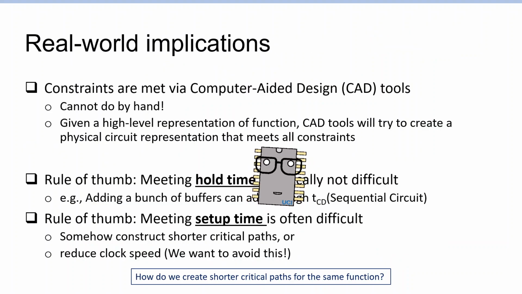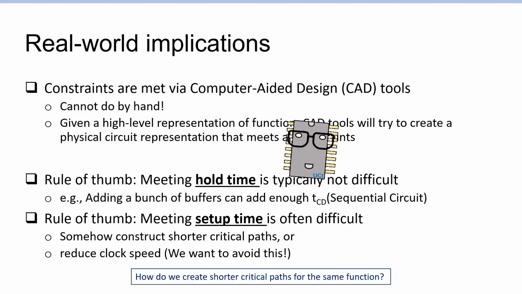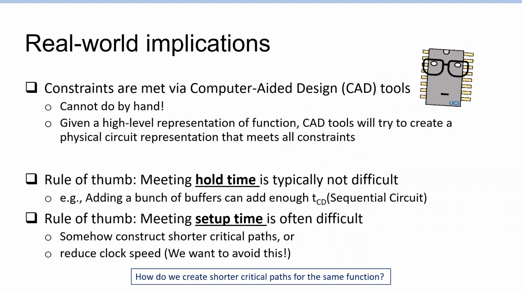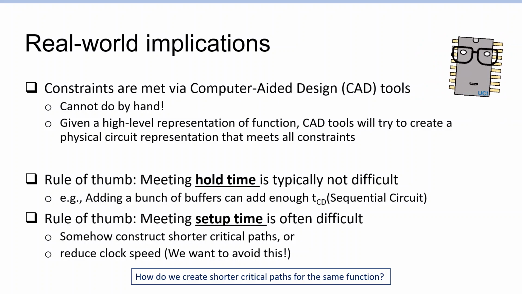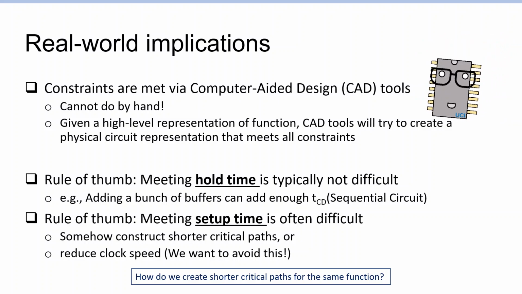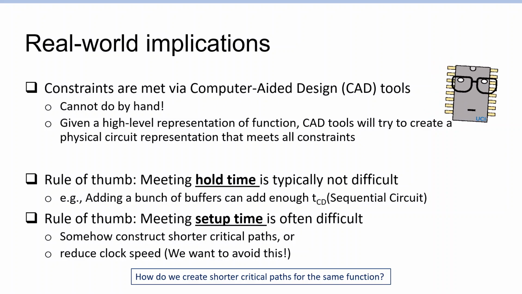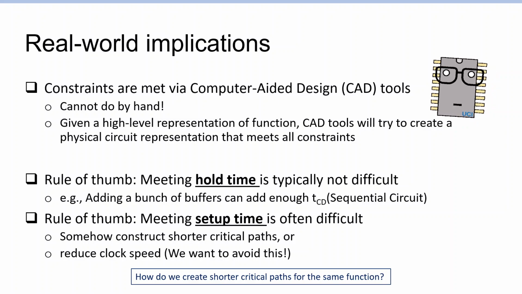The real world implications of these two constraints are, well, there are a few, but one of the most visceral ones is that these constraints are going to be met by computer-aided design tools, because they need to be met for every single combinational path between every single state element which may be distributed in our design.